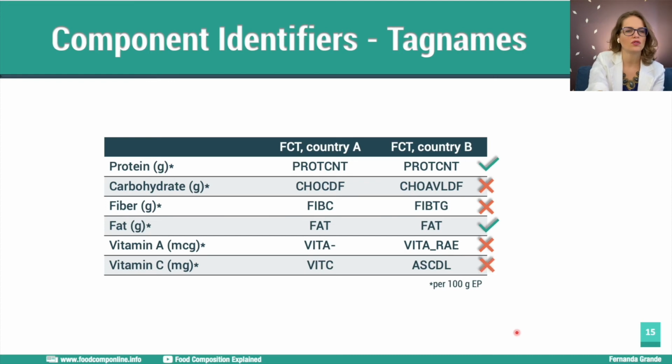And also for vitamin C, we can see that they use different definitions, so they cannot be directly compared. So this is one of the exercises that needs to be done before using the data.